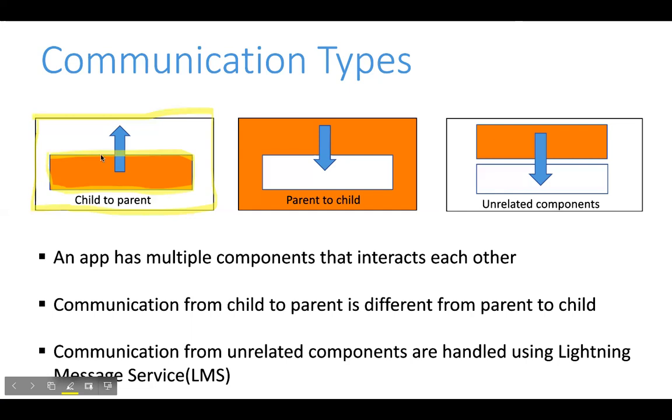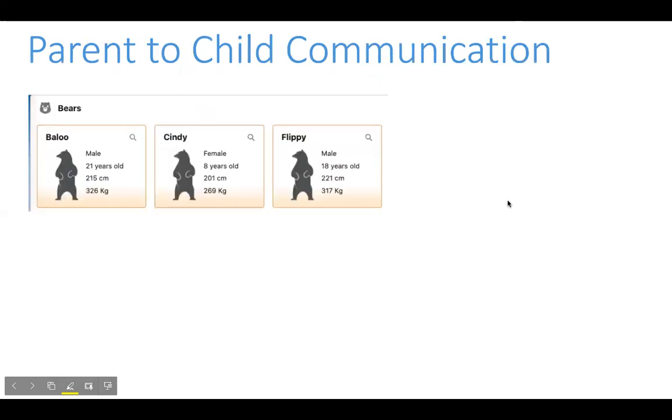So if we want to pass data from here to here, we have to use a child to parent communication. So sending data from child to parent is different from sending data from parent to child, and sending data between unrelated components are entirely different. I am going to explain this in subsequent slides.